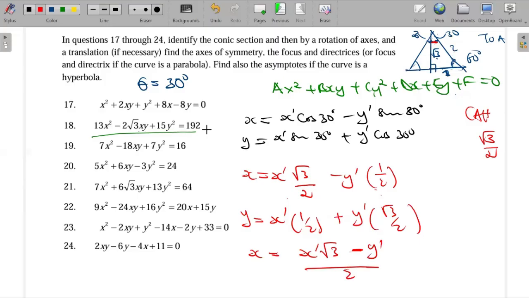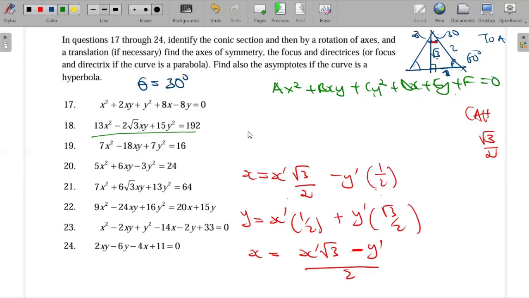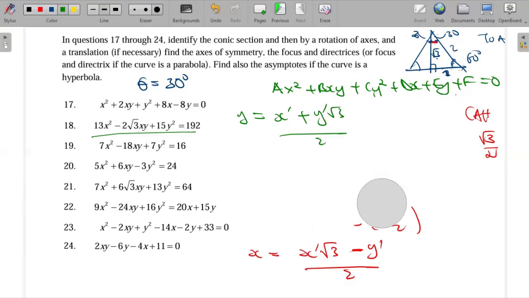This is what I get for x. And for y, you have that y is just going to be equal to x prime plus y prime root 3, over 2.